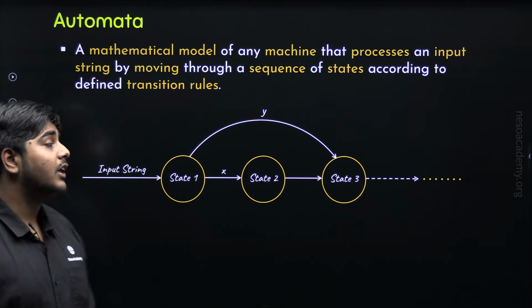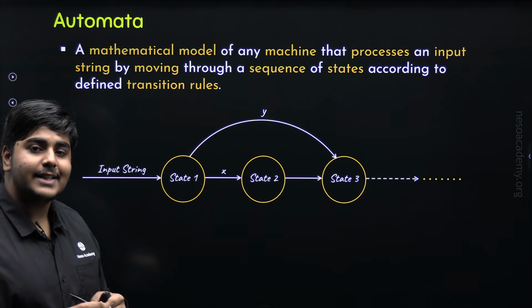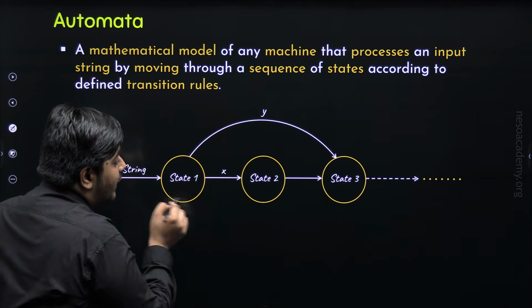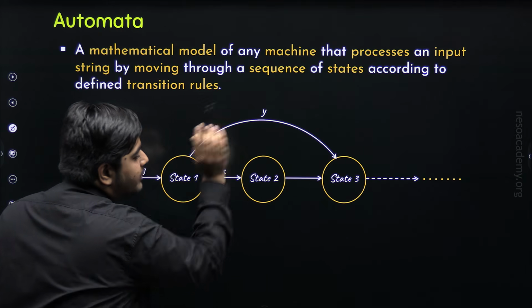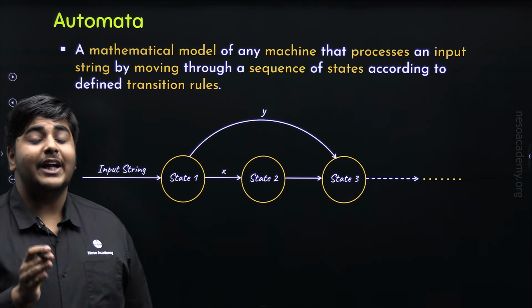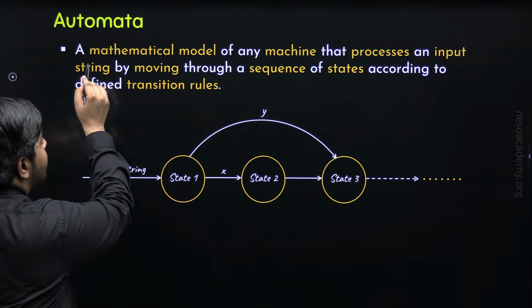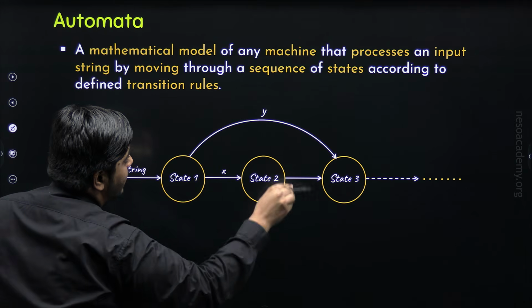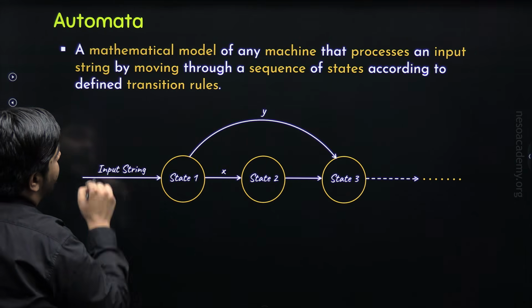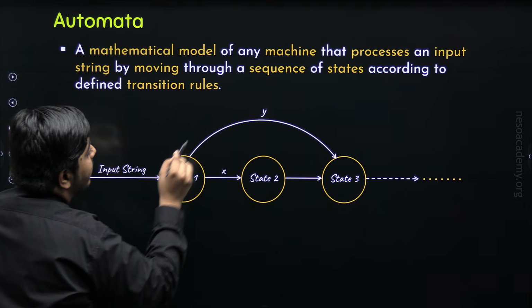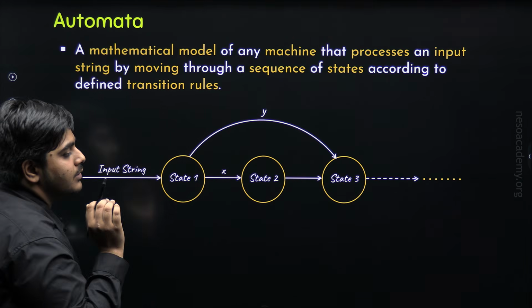So in this way, we can conclude that transition rules tell us which will be the next state on the basis of the current state and current input symbol. And now I hope that you all have understood what is an automata. It is a mathematical model of any machine that processes an input string by moving through a sequence of states according to defined transition rules.